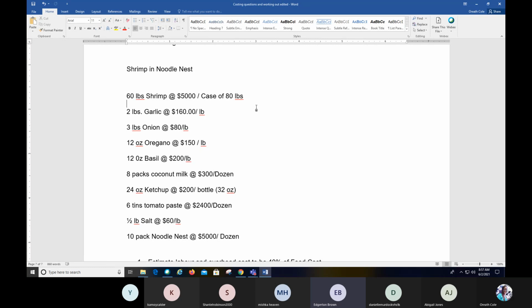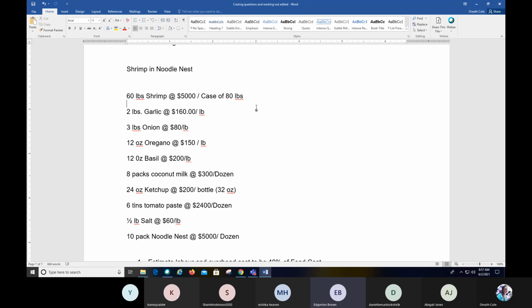Miss, I'm going to try to explain that. Go ahead. Miss, it would seem like wholesale costs are different from retail costs.